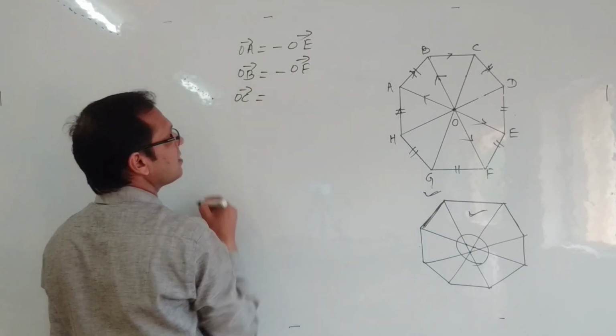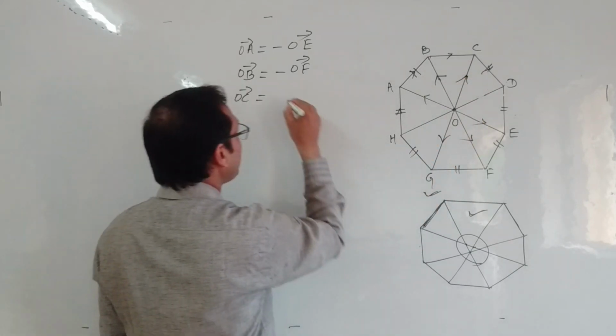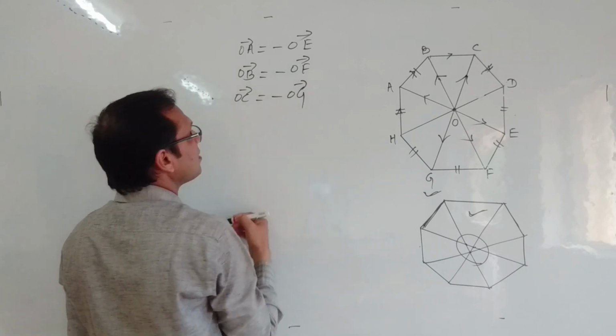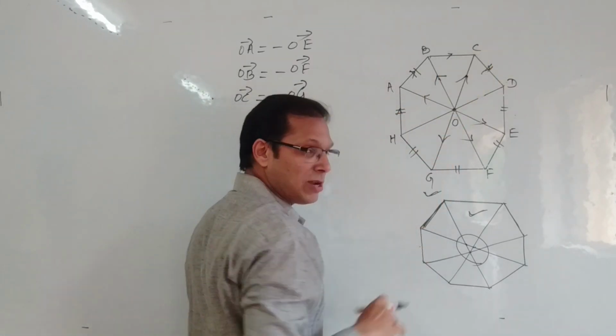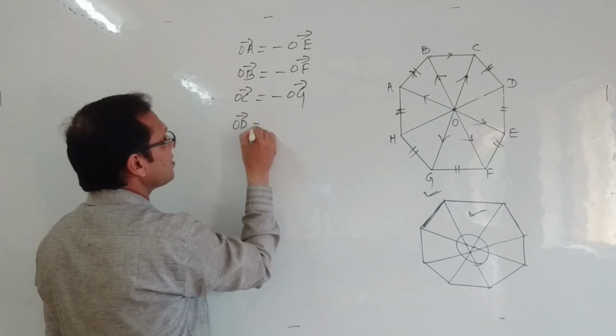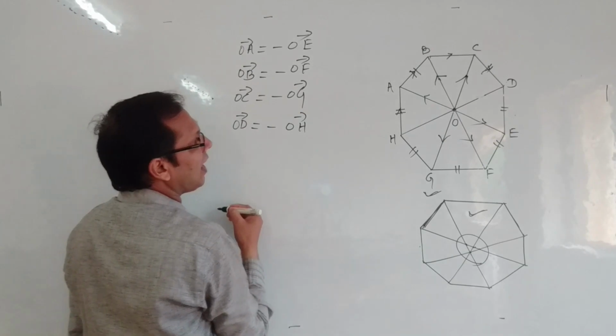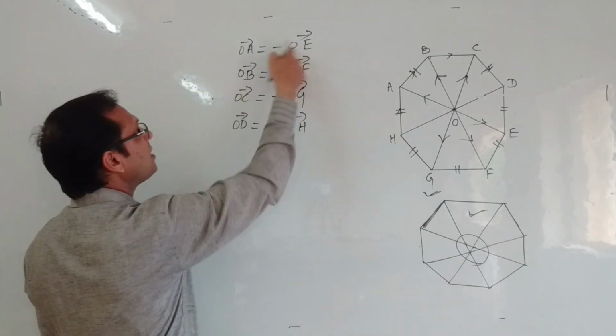OC vector can be written as minus of OG vector. Since they are opposite and equal in length, that's why they are negative vectors. Likewise OD vector is equal to how much? OD is equal to minus of OH vector, and OE we have already written.